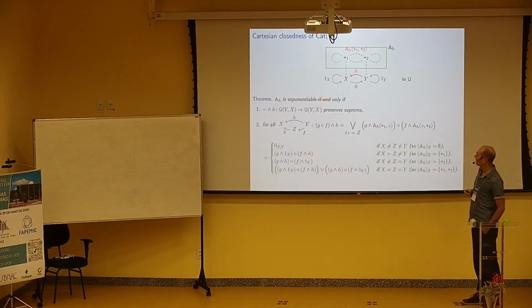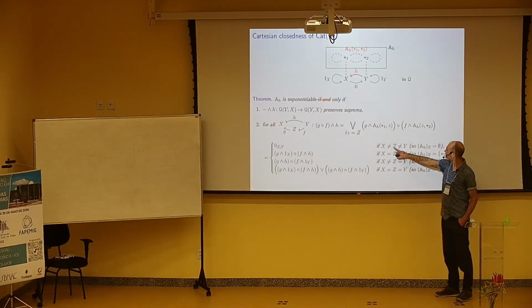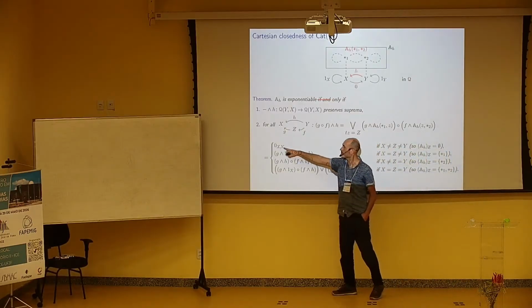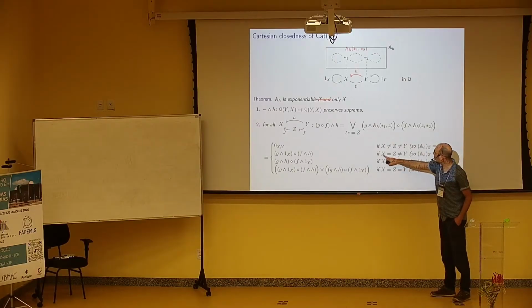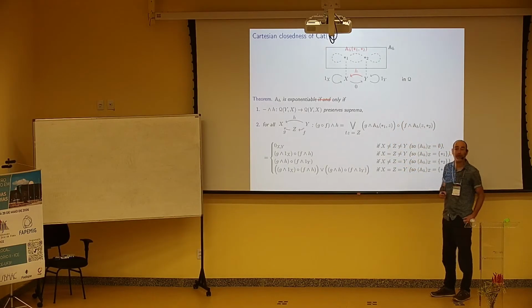So here's what happens. If Z is different from both X and Y, then in that category, there is no little z. So the soup is empty, and an empty soup is 0. Right? If z is equal to x, in that category there is exactly one object of type z equal x, namely little x.